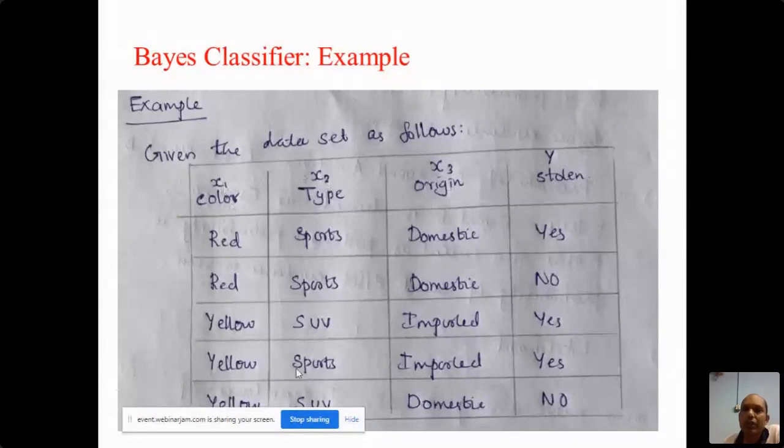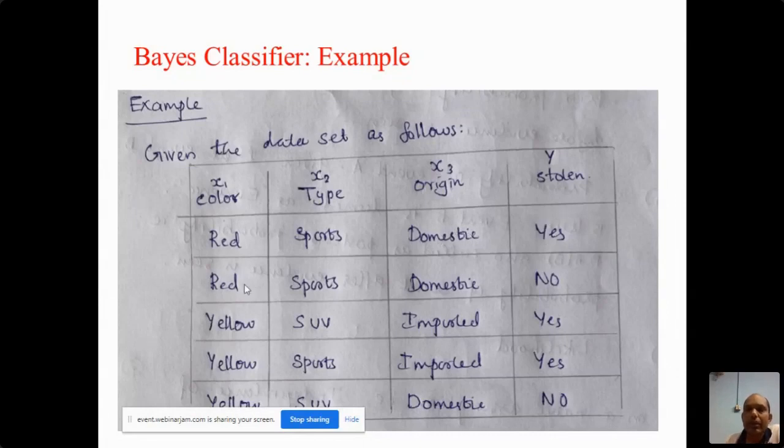This is the information about the cars, and this is the class label, whether it is stolen or not. So the class label indicates that the first car, whose color is red, type is sports, and origin is domestic, is stolen.